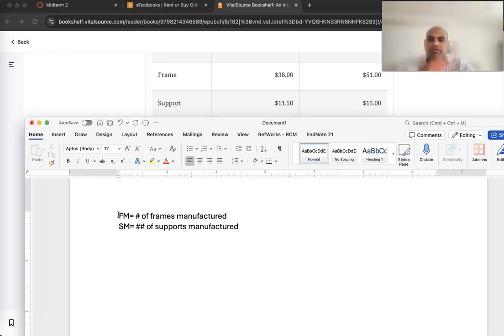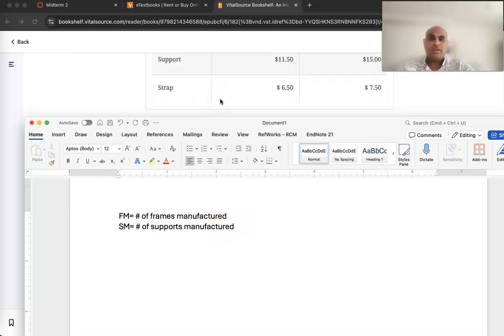As usual, we're going to set up our decision variables, and TM is the number of straps manufactured. Well, you know, just call it TM. TM is the number of straps manufactured.